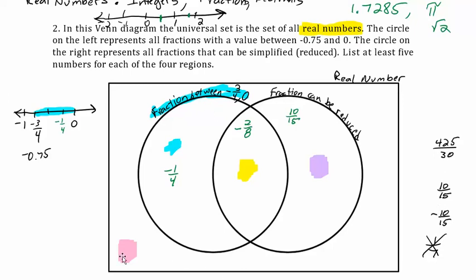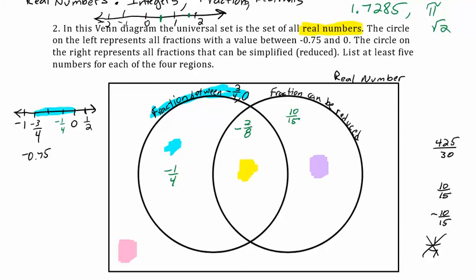And how about this region out here, outside here? So some fraction that's not between negative 3/4 and 0 and cannot be reduced. Well, how about, so we need some number out that cannot be reduced. You got something? Maybe something out even over here, like a half, right?